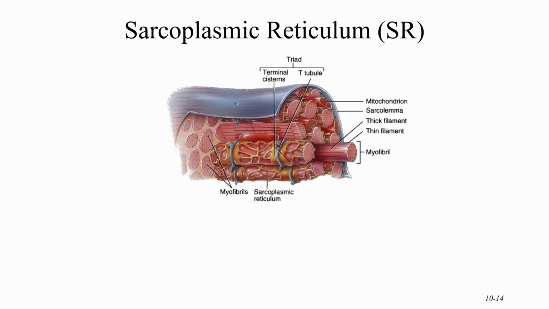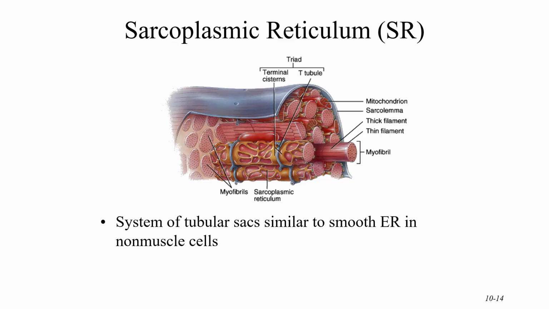And so we're used to talking about and looking at inside of a cell the rough endoplasmic reticulum and the smooth endoplasmic reticulum. Well, the sarcoplasmic reticulum is very similar to smooth endoplasmic reticulum in non-muscle cells. So again, it's a system of tubular sacs. The difference is in muscle, it's going to store calcium.